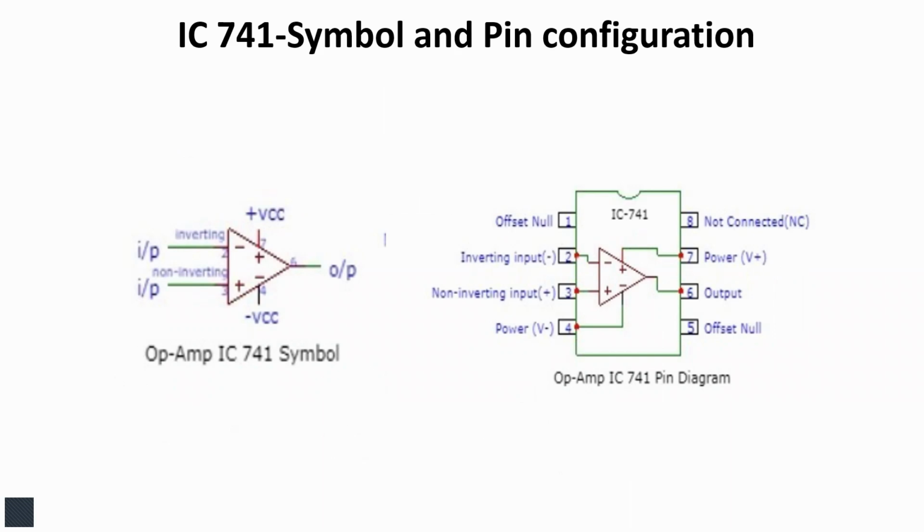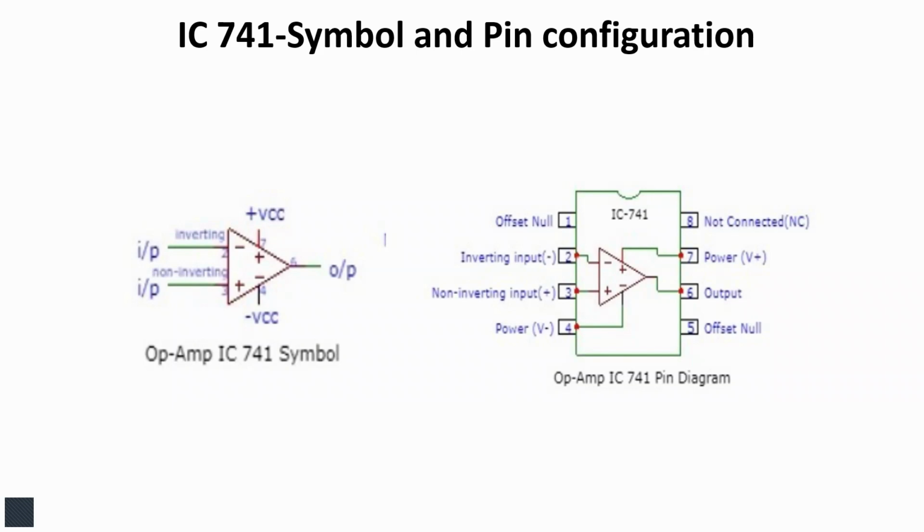Here, one of the linear integrated circuits is IC741. We call it an operational amplifier. This shows the symbol and pin configuration of IC741. It is available in the form of a dual-in-line package with 8-pin DIP.